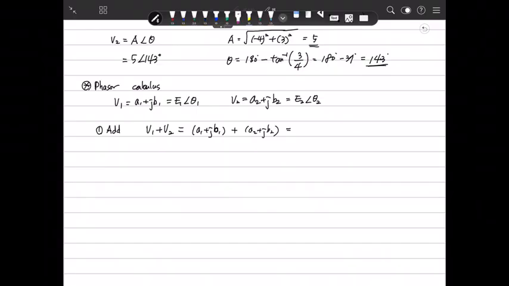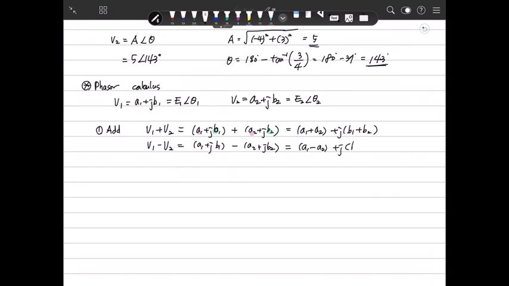Real adding here and imaginary adding here, so there will be A1 plus A2 plus j times B1 plus B2. In the same way, you can use subtraction. Actually, adding and subtracting are the same thing. That will be A1 plus j B1 minus A2 minus j B2, which can be expressed as A1 minus A2 plus j times B1 minus B2.